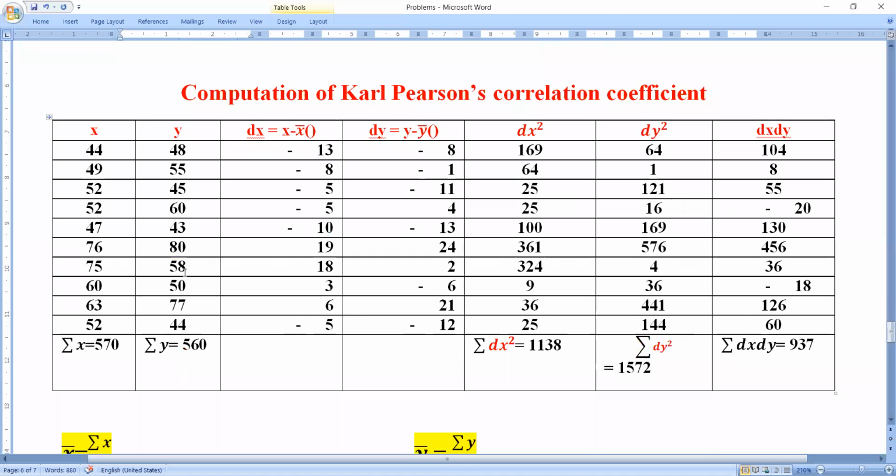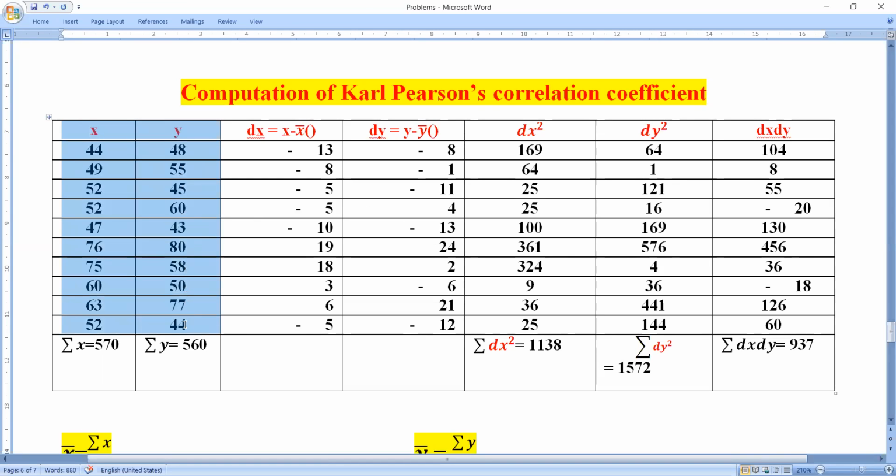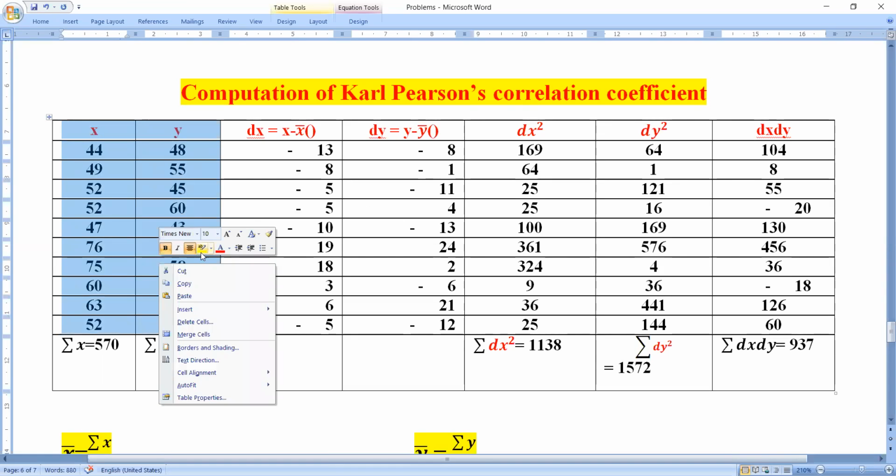In this solution, first you should write down the heading: computation of Karl Pearson's coefficient of correlation. In that, first of all, we should total the X series and Y series.